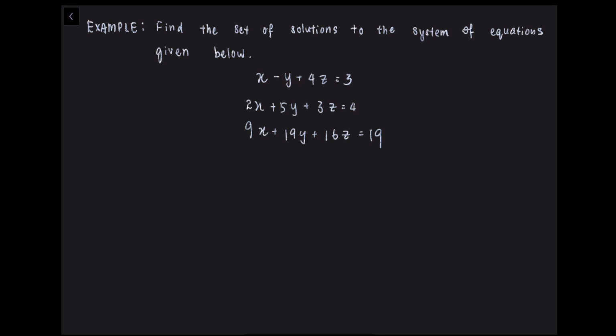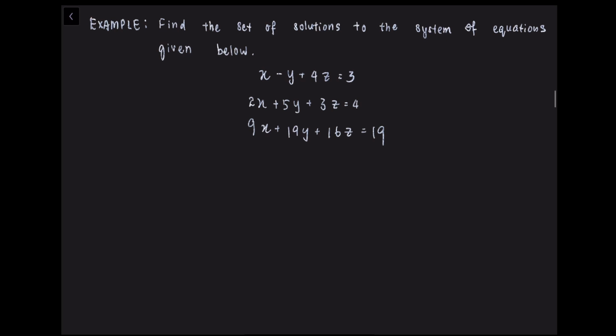Writing the system of equations in the form of an augmented matrix and performing the row operations leads to the working shown here. So we have the first one, row 2 minus 2 times row 1 for the new second row.